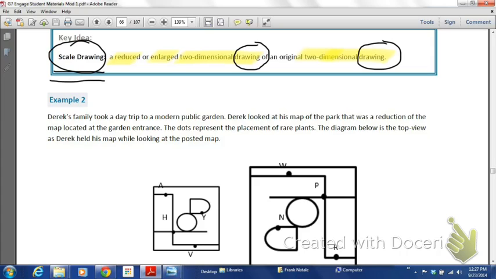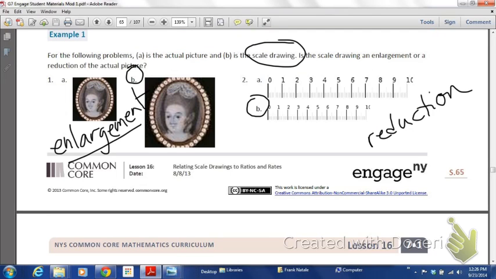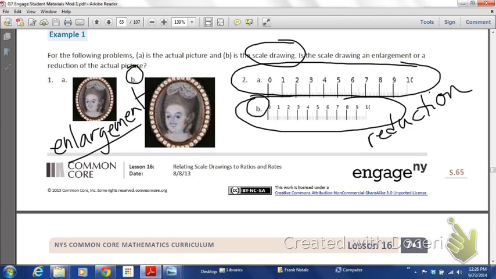All right, so let's look at example 2. Actually, it's not easy to see. Let's not talk about example 2. I just want to talk to you about drawing. Here's a drawing of a ruler, and here's the reduced drawing of that ruler. So this is a scale drawing.